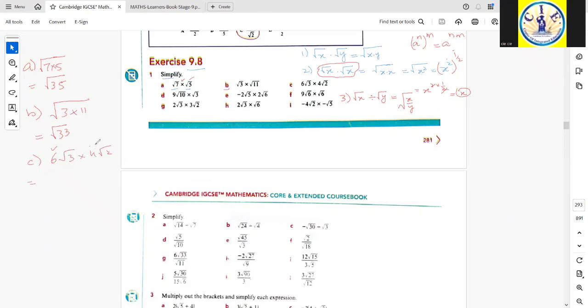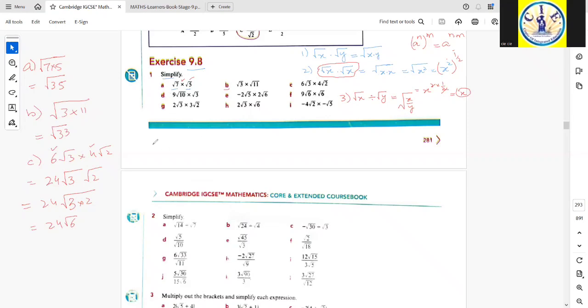Let me multiply these first, that is going to be 24, and then I'm left with radical 3 times radical 2. So now we can combine these radicals under a single radical, that gives radical 6. So that will be the answer.